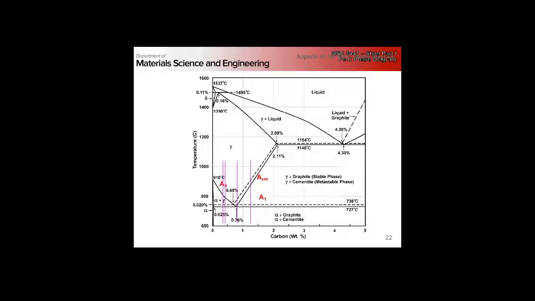Coarse, yeah, so 100% basically coarse perlite. Right? What about if we are hypoeutectoid? What if we have less carbon? What do we get? We'll have ferrite along the austenitic grain boundaries, and then the remainder transforms into perlite.